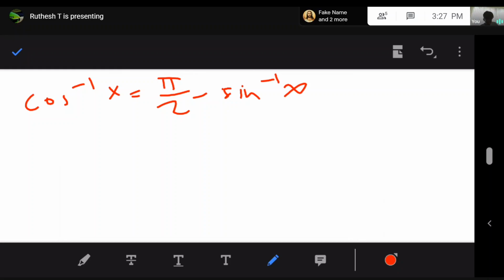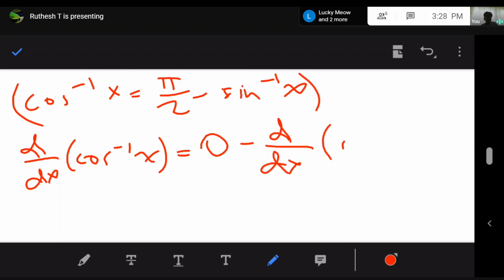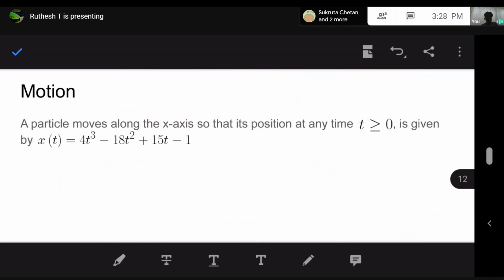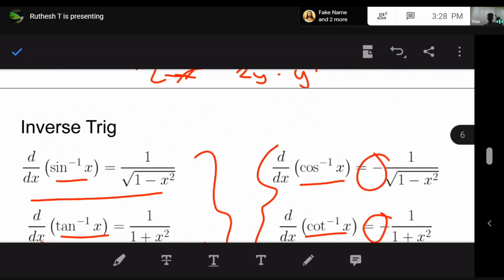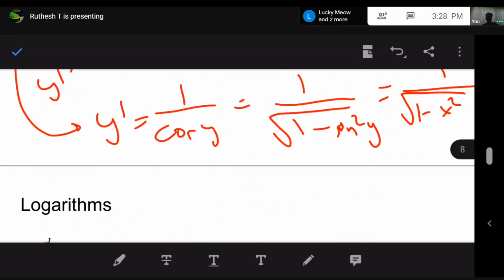And when you take the derivative of this, you get the derivative of inverse cosine is the derivative of pi over 2, which is just a constant, so it's 0, minus the derivative of sine inverse x, and you end up with the fact that derivative of cosine inverse is negative derivative of sine inverse. And you can just do that for the rest of the functions here.